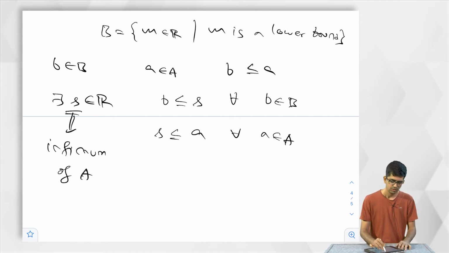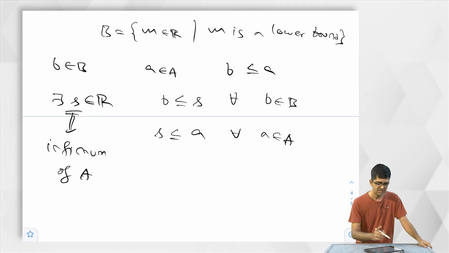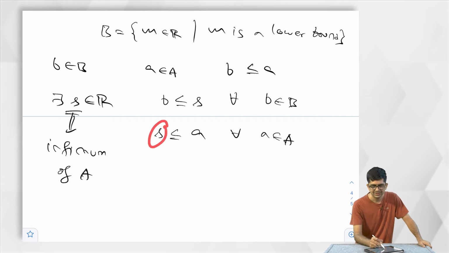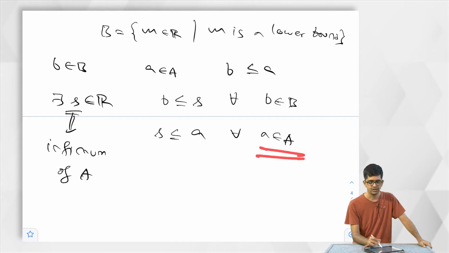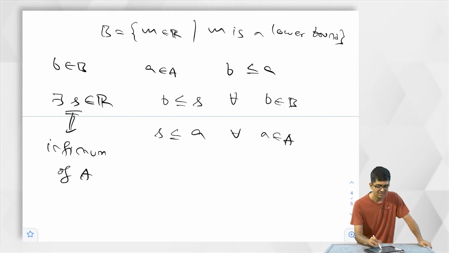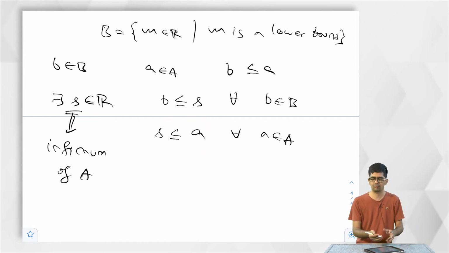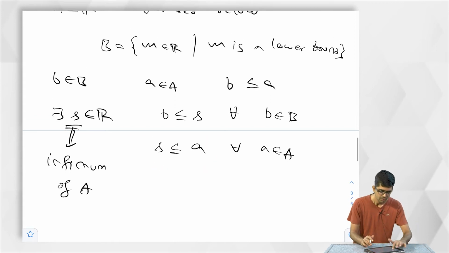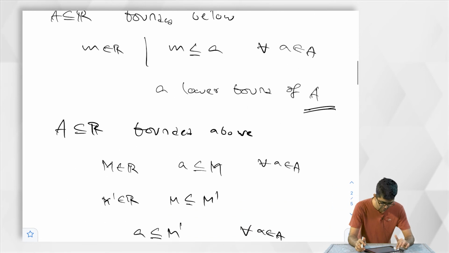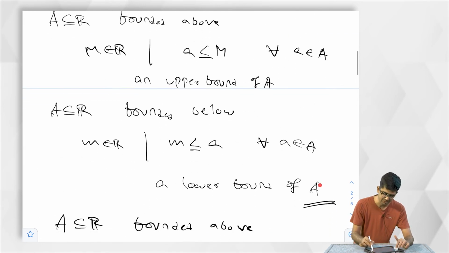So, what is infimum of A? First of all, it should satisfy this property. What is this? It is a lower bound. S is a lower bound for A. For every element a belongs to A, we have S less than or equal to a. That is what we said as lower bound, right? Yeah, we have mentioned here.